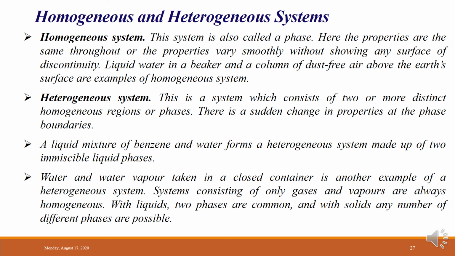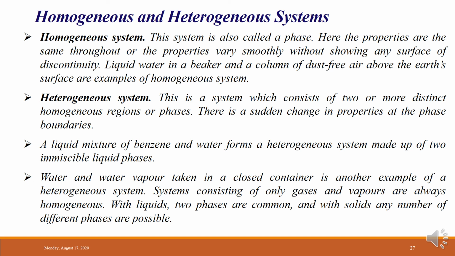Then we have homogeneous and heterogeneous systems. A homogeneous system is also called a phase. Suppose you consider water, which is completely homogeneous. You will not find any discontinuity in this water if you travel from one end to another, right?